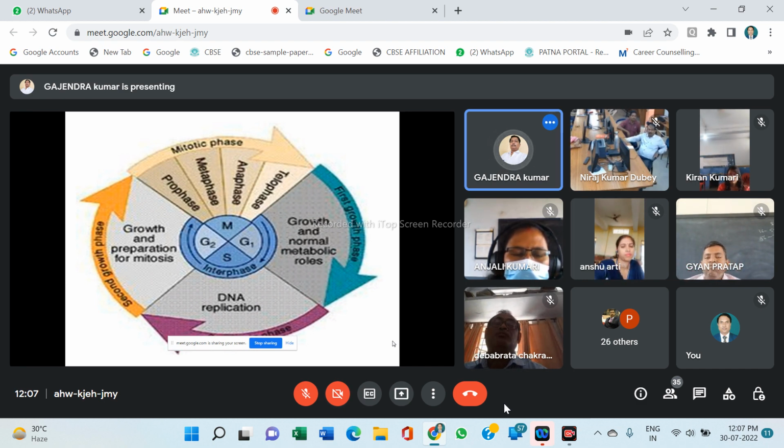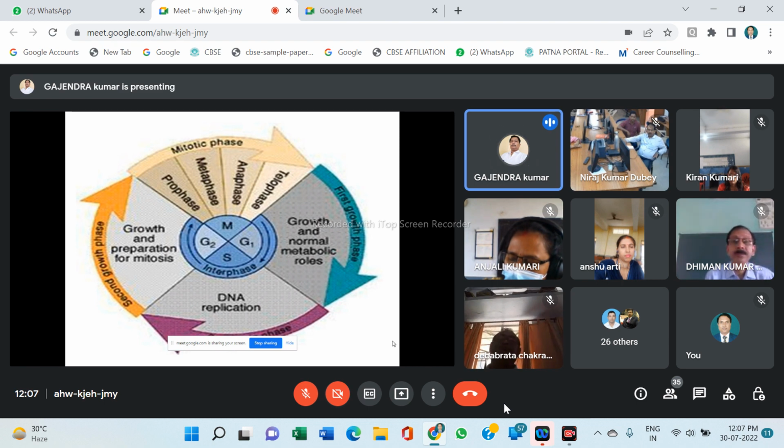During this phase, we can find a lot of growth, development, metabolic activities are being governed. That's why it is called G1 phase. Duplication of chromosome, DNA replicates, new copies of DNA are formed. That is called synthetic phase. Again, growth phase takes place. And then the prophase starts.